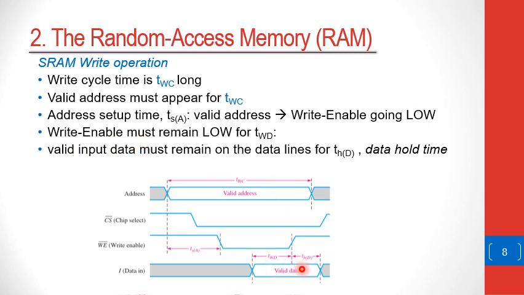The TWD is the shortest period of time that the write enable must be down so that valid data is written into the memory. That is TW. And then we have finally THD, which is the data hold time. This is the necessary amount of time over which the data that we need to write must be held on the data bus so that the write operation is valid.